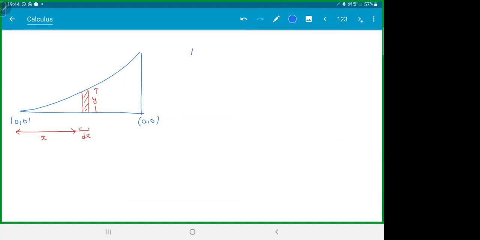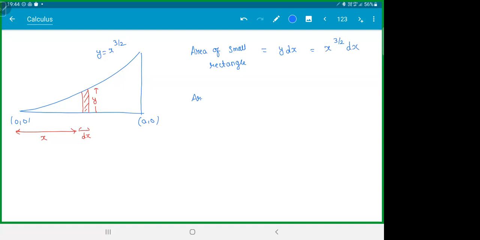So what is the area of that small rectangle? Area of that small rectangle is the height into length, breadth, y dx. And what was y? y is x power 3 by 2. So that is x power 3 by 2 into dx.